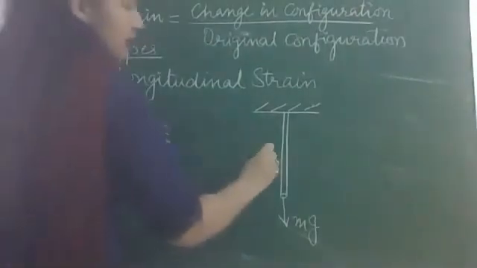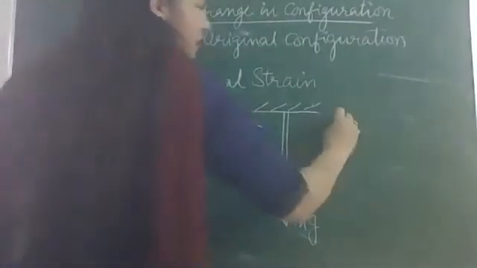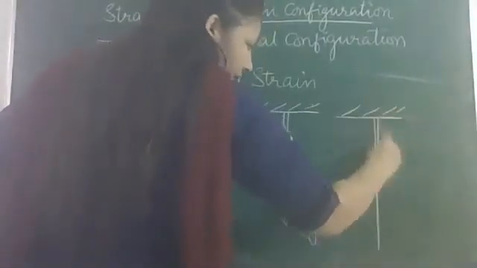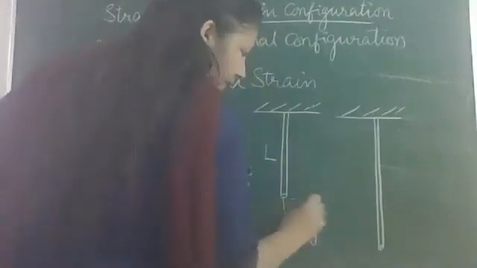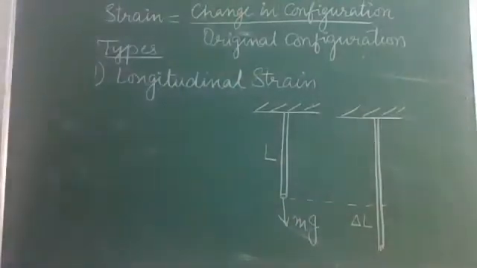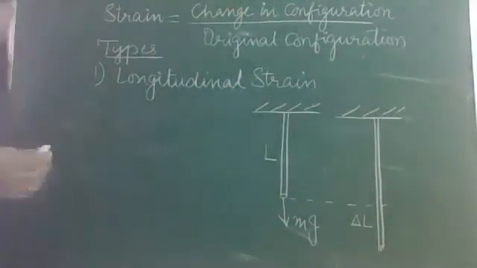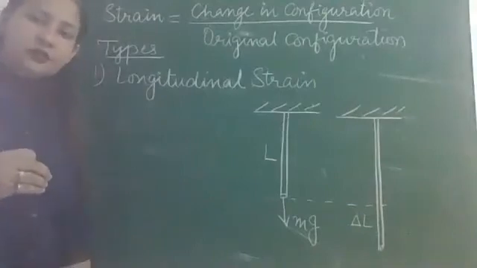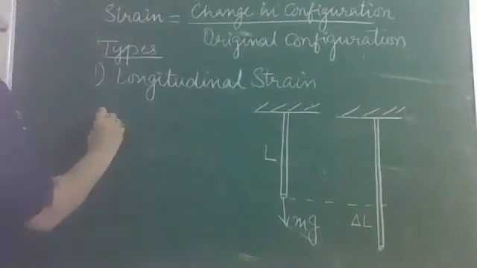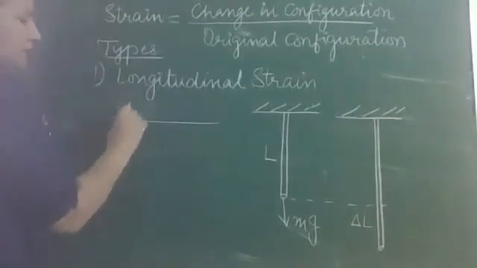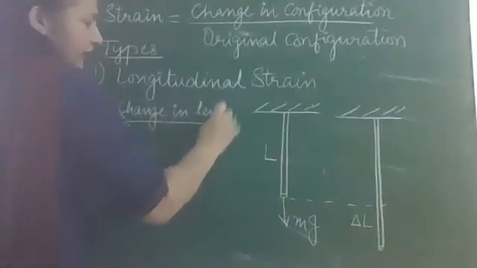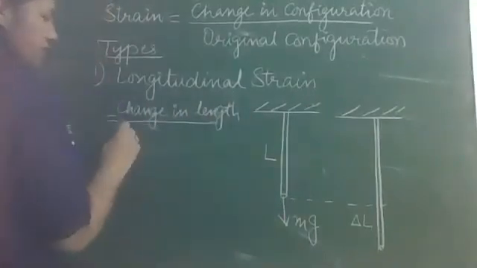Its original length was L, suppose. Under the effect of its weight, it gets extended. Its length increases by delta L, and the new length becomes L plus delta L. So what is the change in length here? That is delta L. So how will we define longitudinal strain? It is defined as change in length per unit original length, and this will happen when a normal stress is acting on it.